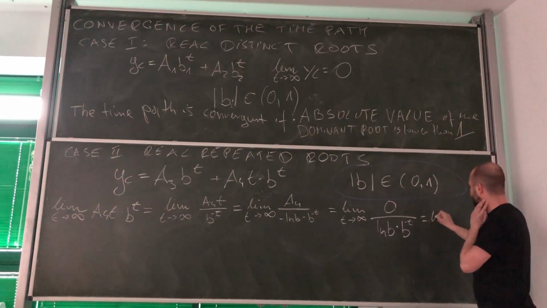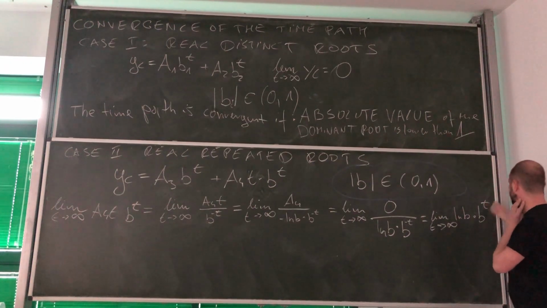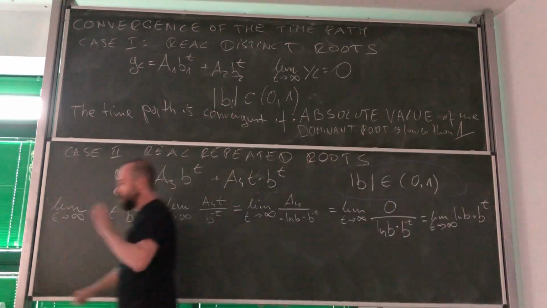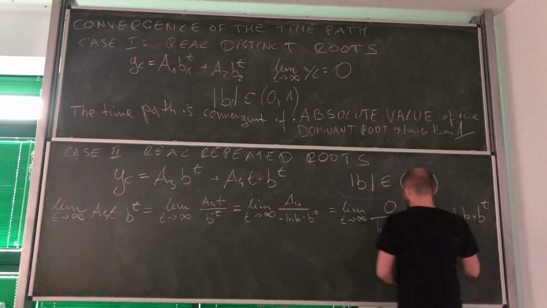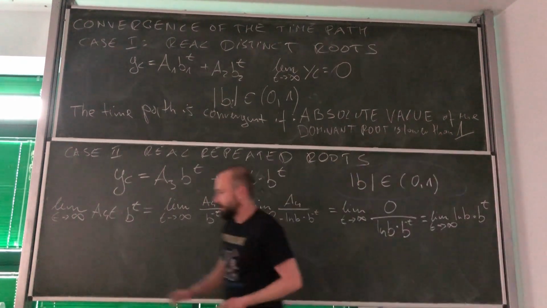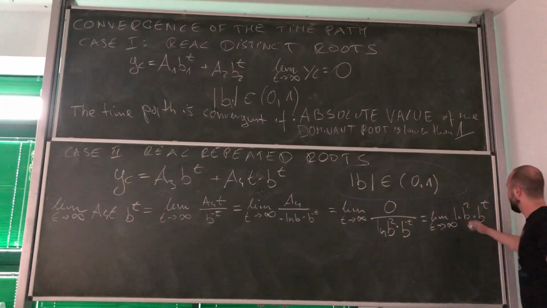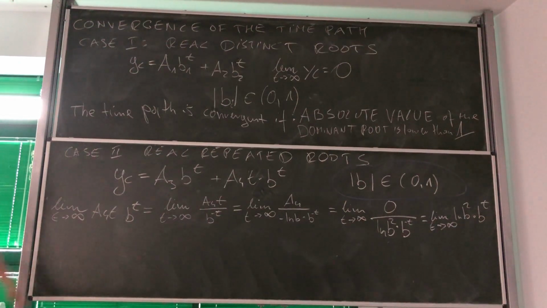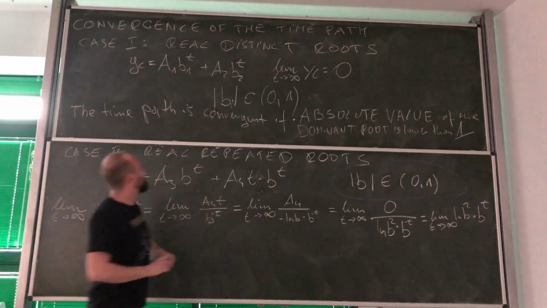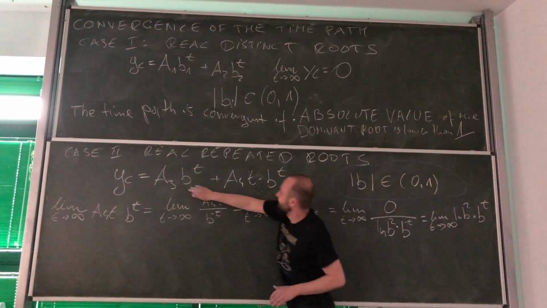However, this is simply equal to the limit, with t approaching infinity, of a constant times b to the power of t. What we are getting over here is a constant, squared, I'm sorry, because this constant will reappear squared, but it's still just a constant. And we've got the same expression as over here, right?